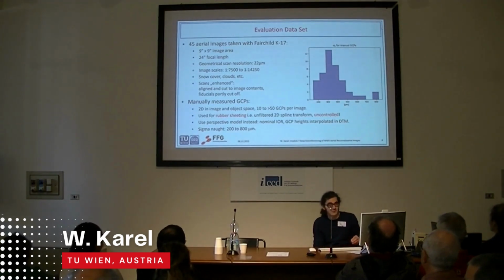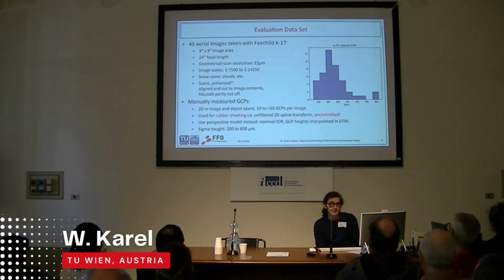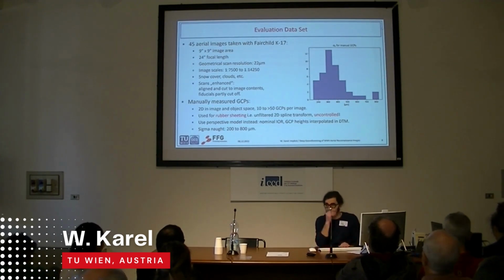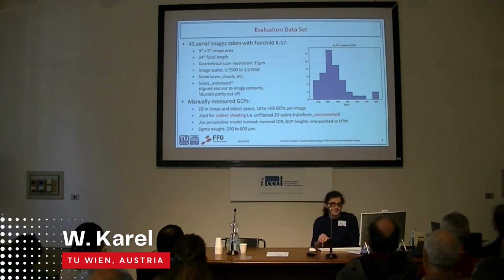Now, these enhanced images come with GCPs, with image coordinates in these enhanced images and in object space, 10 to 15 GCPs per image. And they were used for doing rubber sheeting, meaning just a 2D spline unsmooth transform, meaning that there are gross errors in these GCPs since they are completely uncontrolled.